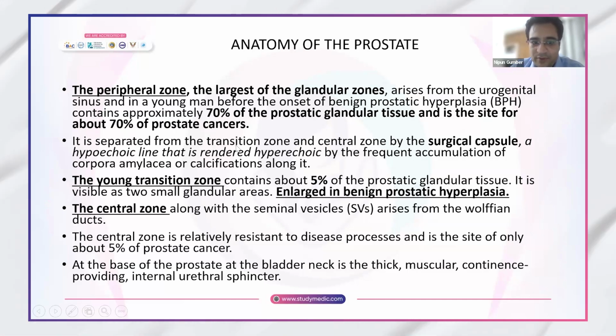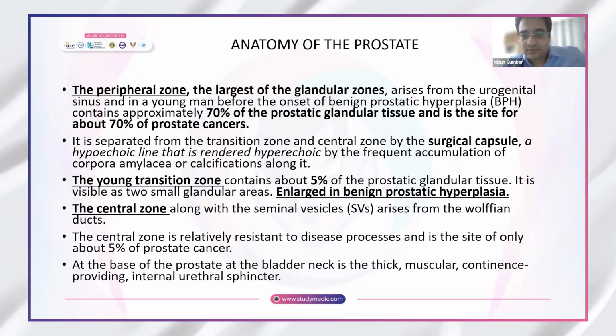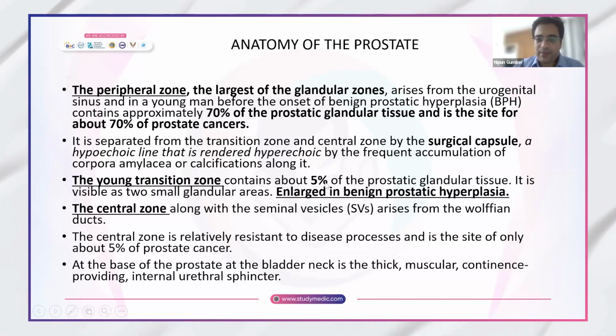It is separated from the transition zone and central zone by the surgical capsule. This surgical capsule is a hypoechoic line that is rendered hyperechoic by the frequent accumulation of corpora amylacea or calcifications along it. The young transition zone contains about 5% of the prostatic glandular tissue.